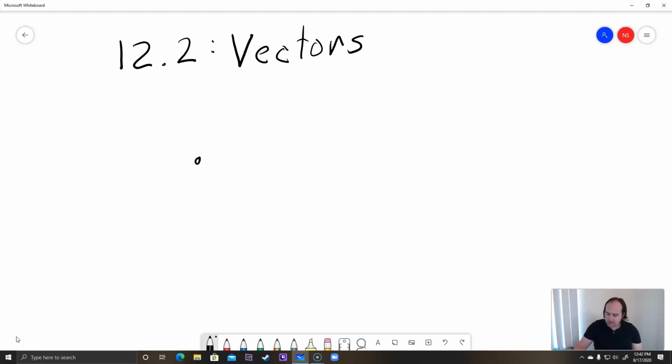Well, a vector consists of 2 points. The first point is called the initial point. And the second point is called the terminal point.